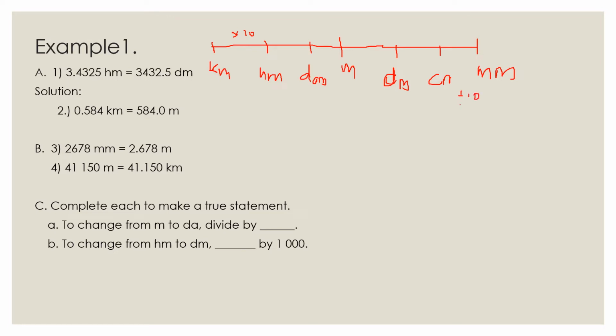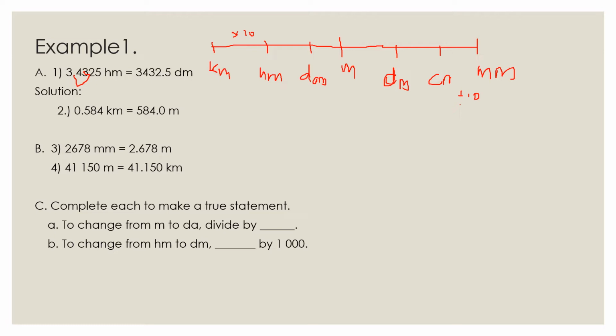Now, how do we do that? From hectometer to decimeter, you noticed, it is only one space, so we just move the decimal. Let's repeat.